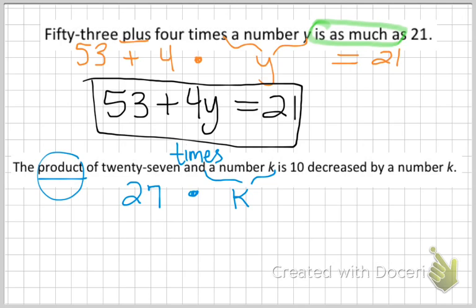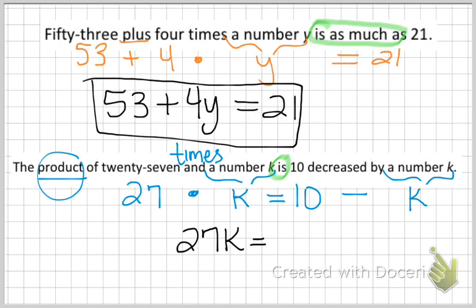So is the clue word we're looking for, because that is where we put our equal sign. It is 10 decreased by a number k. So in all, we have an equation: 27k, 27 times k, is equal to 10 minus k.